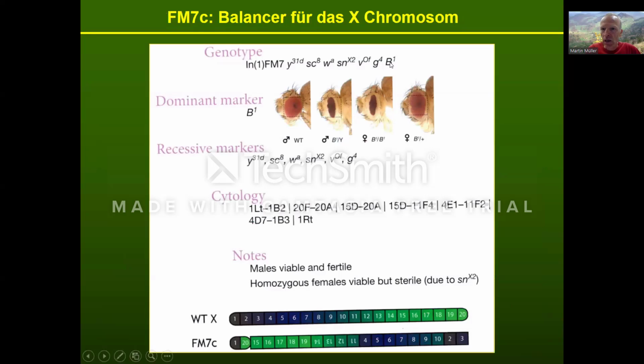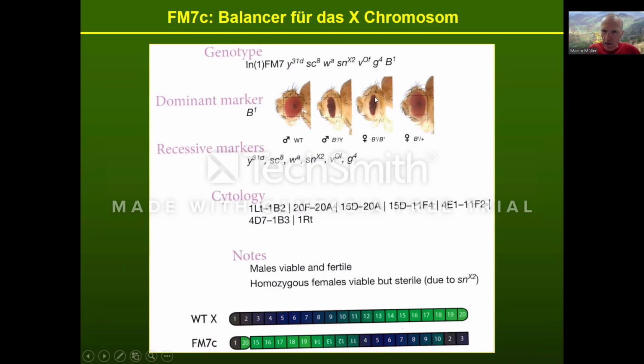And as you can see, bar is written with a capital letter, and this means it is a dominant marker. These are all written with a small letter, they are recessive. But bar is dominant, and this is the phenotype. This is a wild type eye, and bar reduces the size of the eye dramatically.